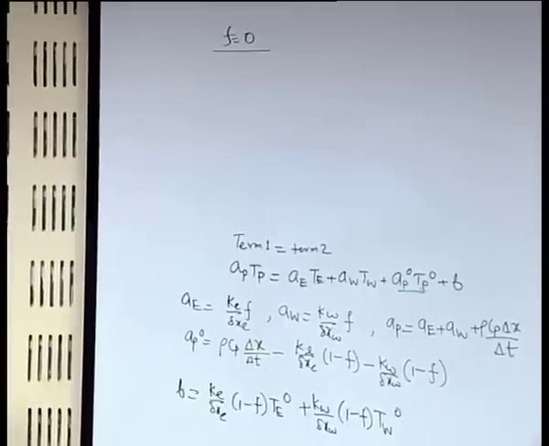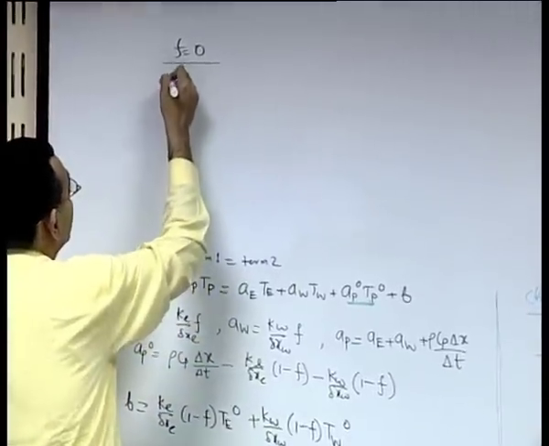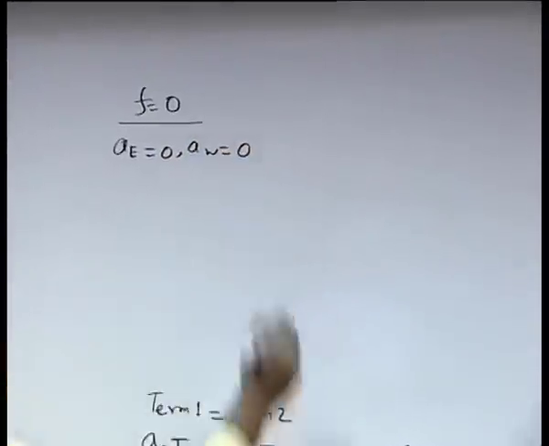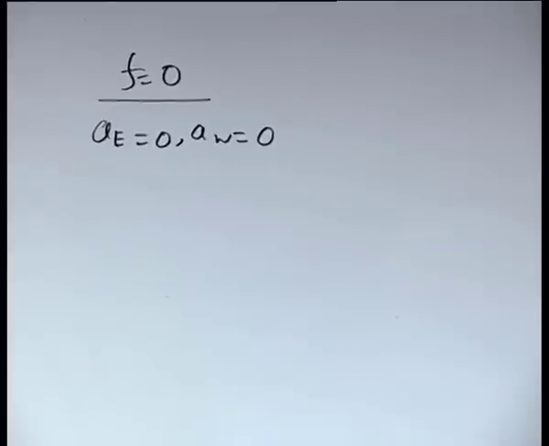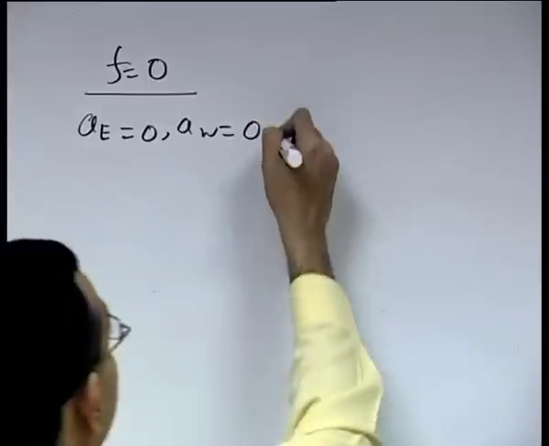If f equal to 0, you can readily see that AE equal to 0, AW equal to 0, AP is rho Cp delta x by delta t.